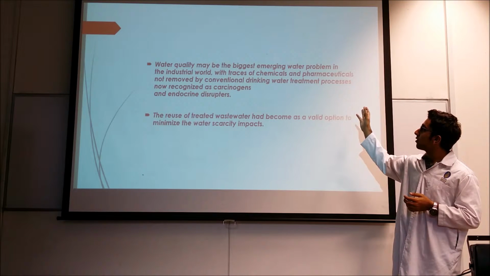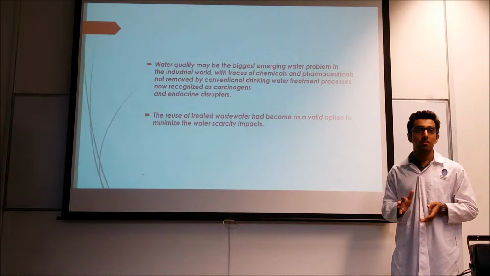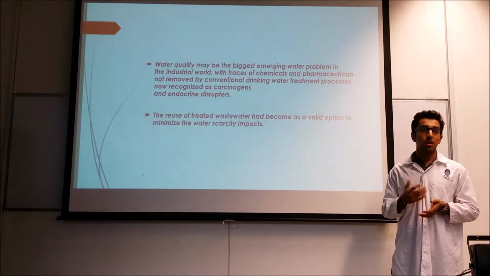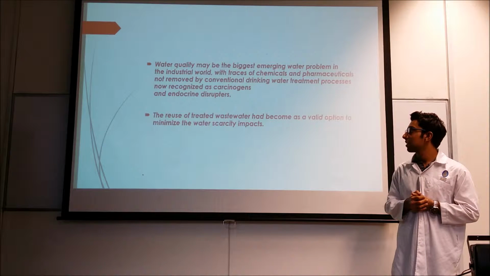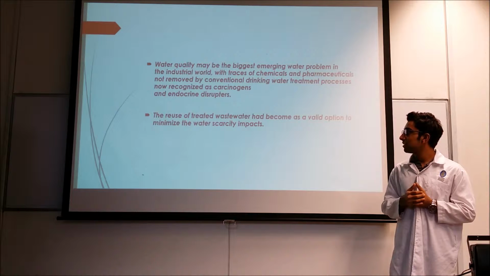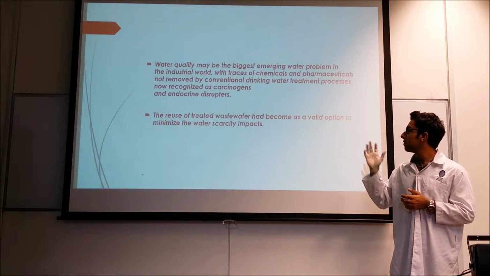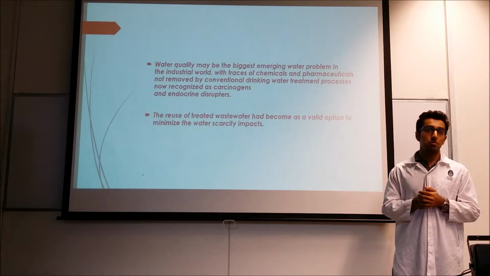It's the biggest emerging water problem in the industrial world, with traces of chemicals and pharmaceuticals not being removed properly by our industries, which just wash them out into rivers and lakes. This is leading us to think that the reuse of treated wastewater has become a valid option to minimize the water needs we are facing today in the world.